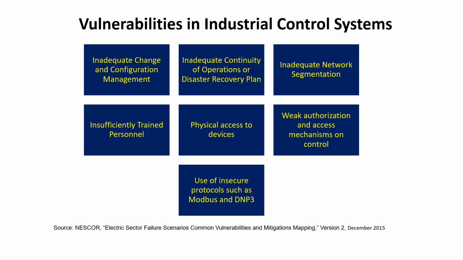Weak authorization and authentication mechanisms on control. This vulnerability on weak authentication processes or authorization keys is prevalent on legacy systems. Use of insecure protocols such as Modbus and DNP3. Unfortunately, many ICS and RE systems are operating with these insecure communication protocols.